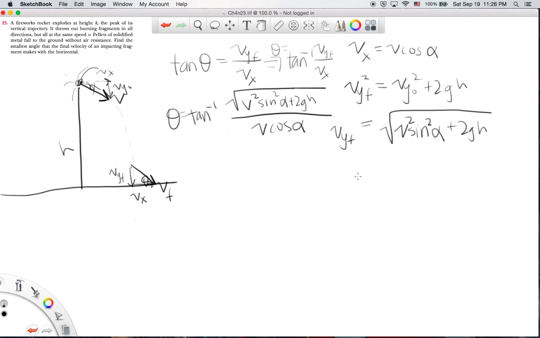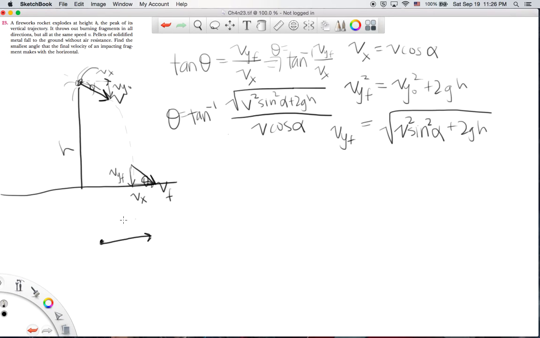But if we think about what alpha could be, we think about what happens as alpha gets larger or smaller. So if alpha is 0, then the initial velocity will be horizontal.